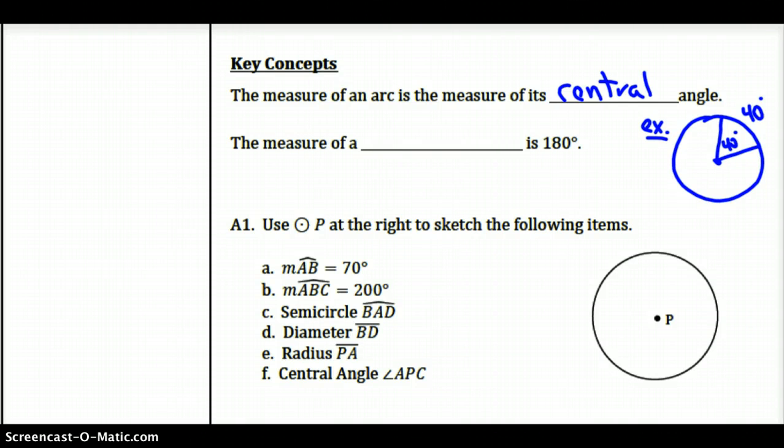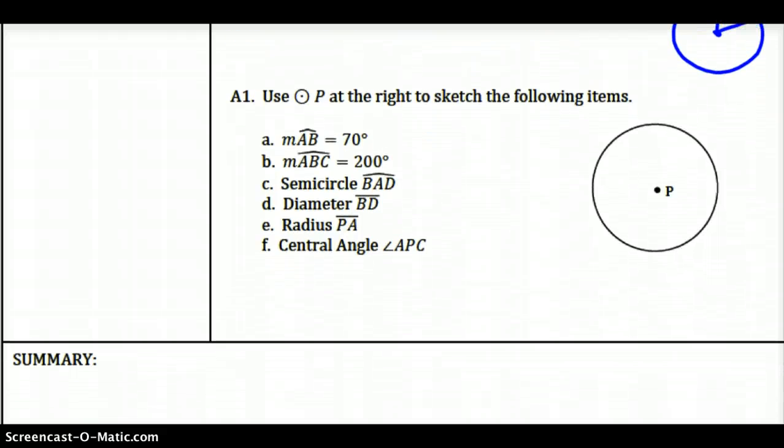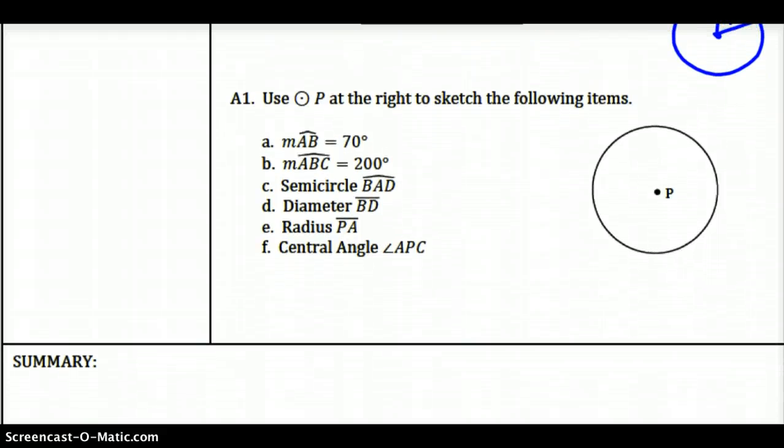Here's an example. Now the measure of a semicircle is 180 degrees. Now we know it's a straight angle, we're talking arcs, and this is the semicircle.